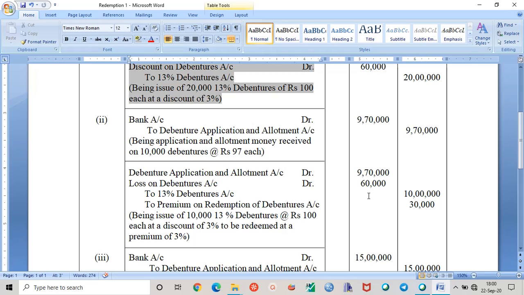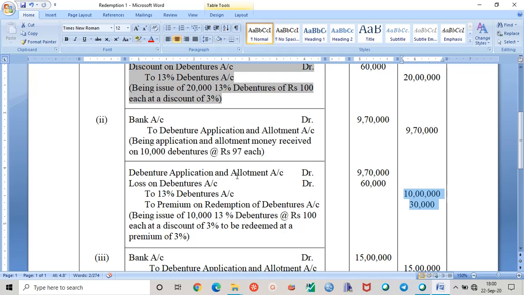The discount rate is also the same, 3%, but these debentures are to be redeemed at a premium of 3%, which means you will pay premium on debentures. 10 lakh is the full face value of all the debentures issued. 3% of 10 lakh is 30,000, so you will pay debenture holders 10 lakh 30,000. This is called redemption at premium.